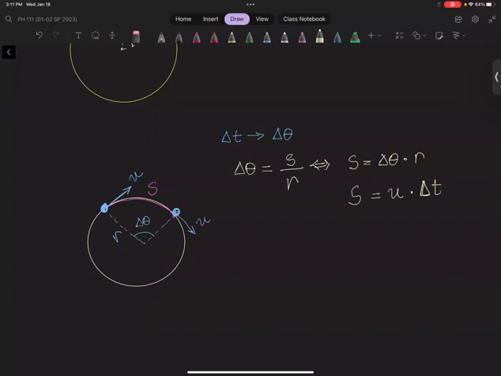You with me, guys? Make sense? Nice. Can we divide the two? Yeah, of course we can. What do we get? Delta theta over delta T equals the linear speed over R, yes or no?